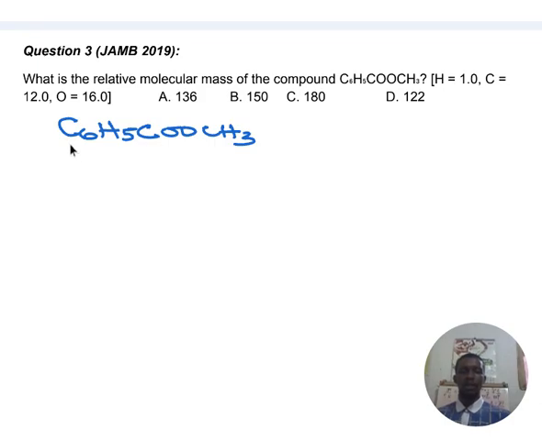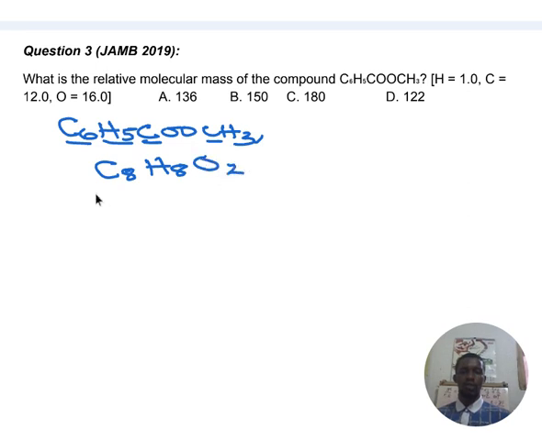Now for the carbon, let's count the number of carbons in the compound. We have 6 plus 1, 7, plus this one, 8. So we have 8 carbons, so that's C8. For the hydrogen, we have 5 here, plus 3 here, so we have 8 hydrogen, so H8. For the oxygen, we have 2 oxygen, so O2.